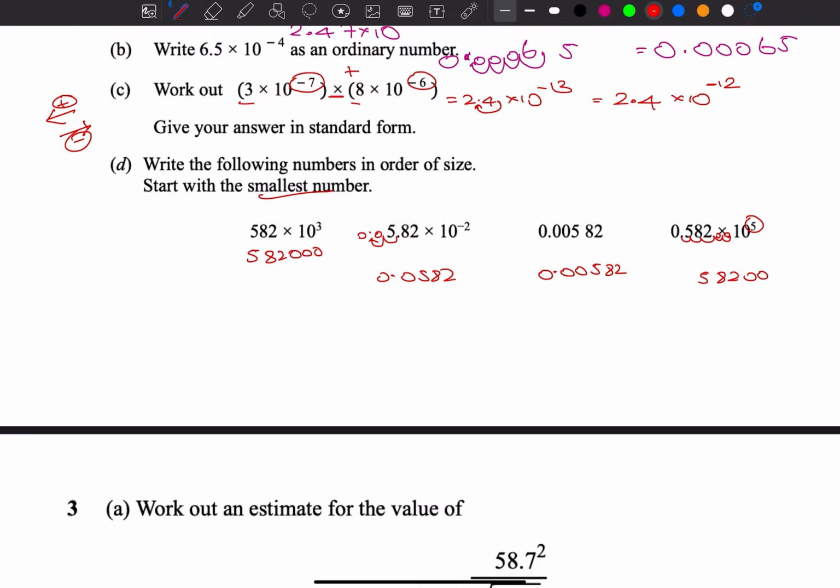Which is the smallest one? That one, 0.00582. Then that one, which is 5.82 times 10 to the minus 2. After that, it's 0.582 times 10 to the 5. Then it's 582 times 10 to the 3. Alright, starting with the smallest first.